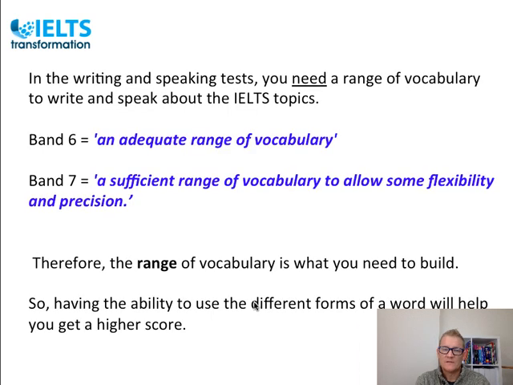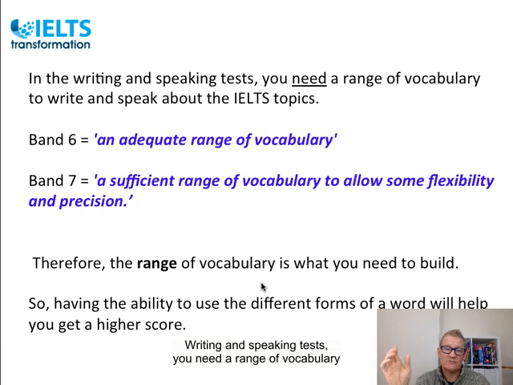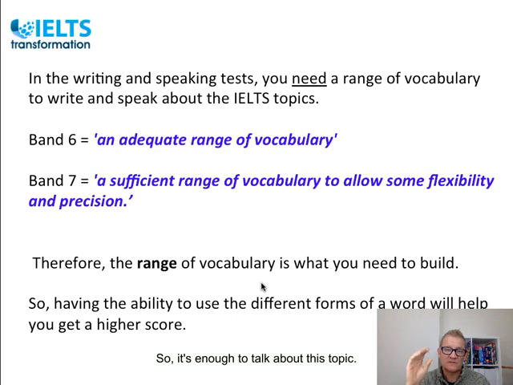Okay. Writing and speaking tests, you need a range of vocabulary to write and speak about the topics. Band 6 talks about an adequate range of vocabulary. So it's enough to talk about this topic. Band 7, a sufficient range of vocabulary to allow some flexibility and precision.